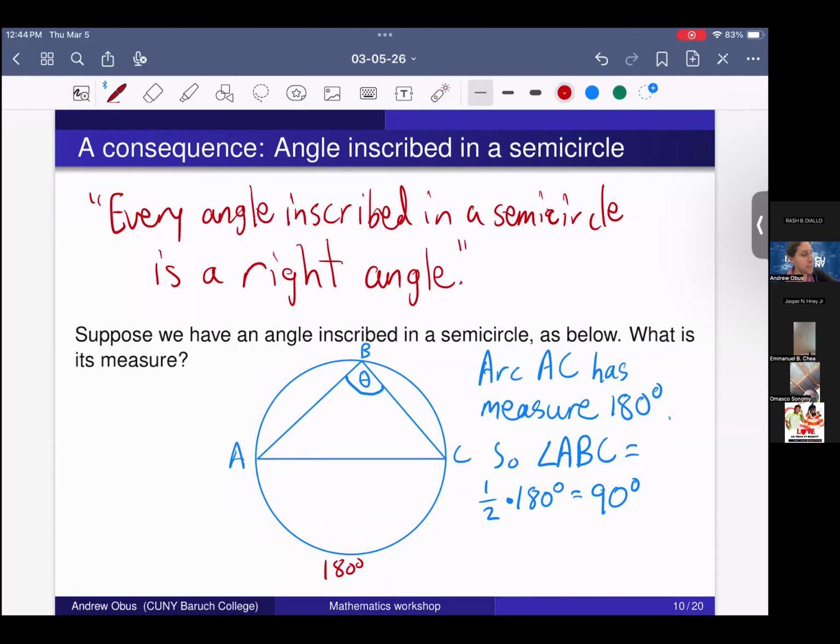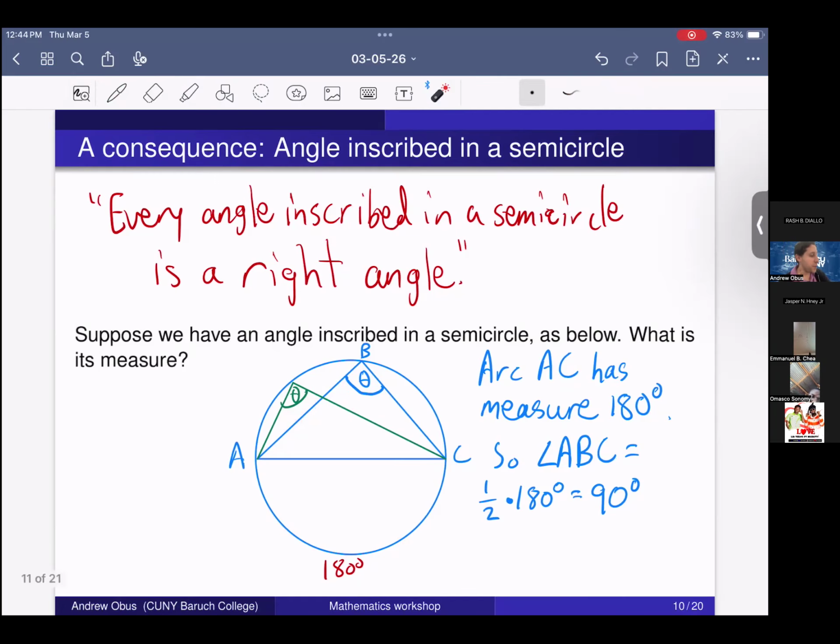right? If I want to draw some other angle inscribed in a semicircle like this, and then I draw some other angle inscribed like this, right? This thing's also going to be a right angle. Whatever my theta is here, it's going to be the same thing, because these two angles intercept the same arc. Both of them is arc AC, which means they've both got to be 90 degrees.